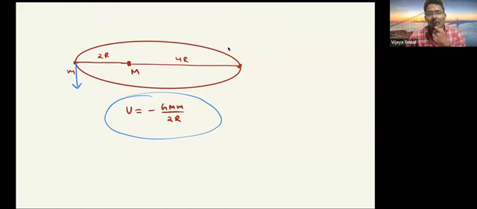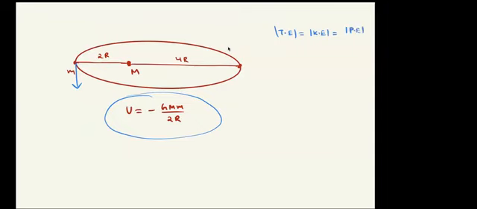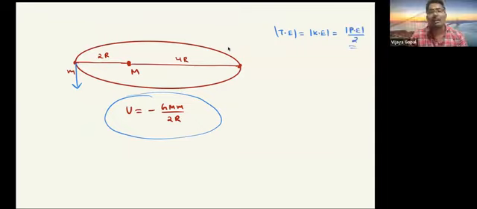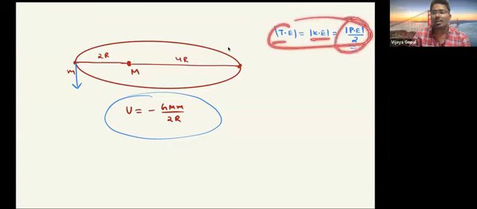What is the relation you know? Magnitude wise, total energy will be equal to kinetic energy, which will be equal to half of potential energy. This is very, very important. In modern physics also this helps. The same thing in gravitation or electrostatics, wherever something is doing orbit. So remember, this is the relation for total energy, kinetic energy, and potential energy.